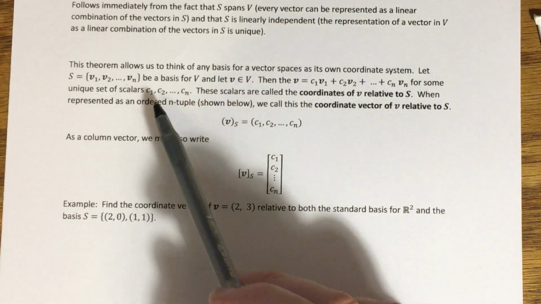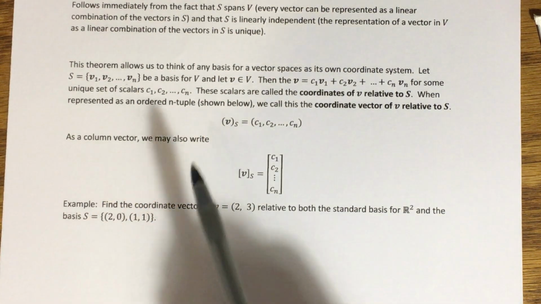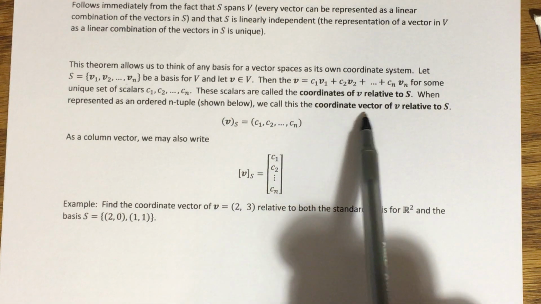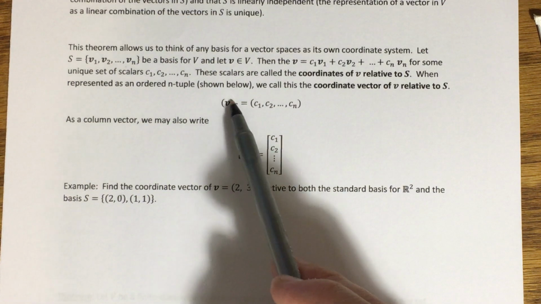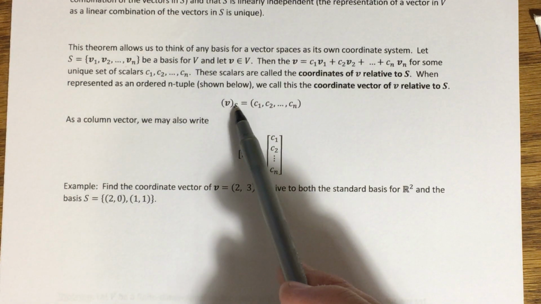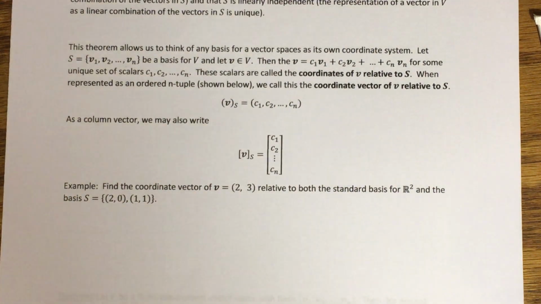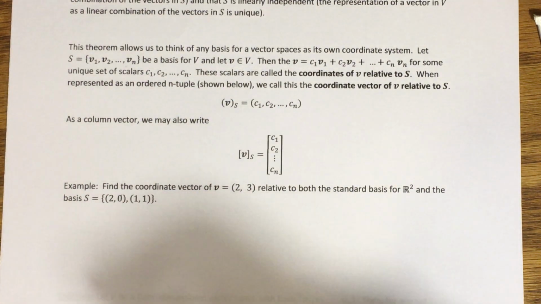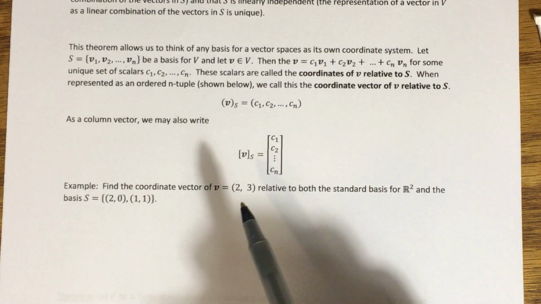If we take those scalars and put them in the form of an ordered n-tuple, then we call that the coordinate vector of V relative to S. And we use this notation. We put parentheses around V with the S as a subscript, indicating which basis we're referring to when we talk about these coordinates. Oftentimes it's useful to think of that vector as a column vector.